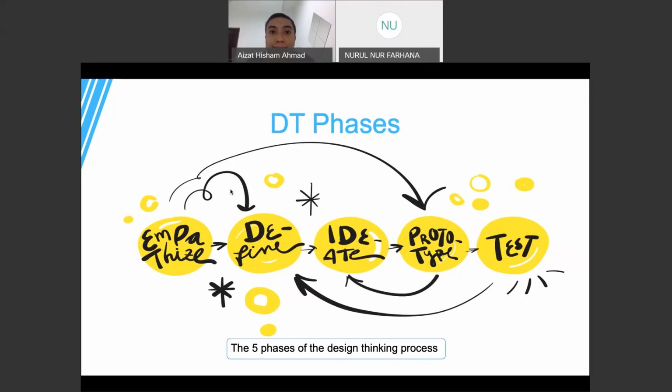Okay, as I said, we're not going to go through how to empathize, define, ideate, prototype, and test in full, but rather we will touch briefly on the basic concepts.